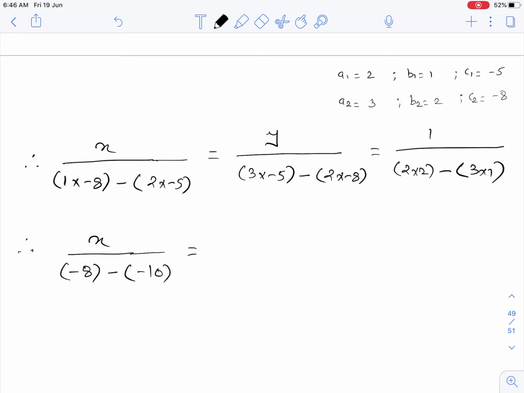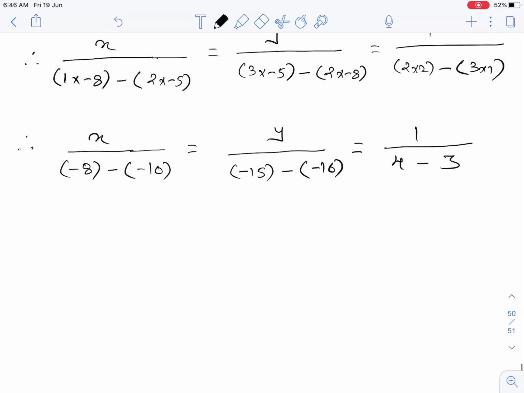Okay, equals to, the next one is y upon, okay, now 3 into minus 5 will become minus 15, then this minus sign will become here minus, and 2 into minus 8 will become minus 16, equals to this one as it is. Now 2 2s are 4, then minus, okay, no need of writing this bracket for 4 because there is no minus sign for that one, then this minus, 3 1s are 3.